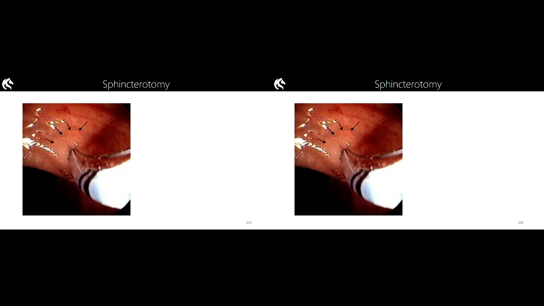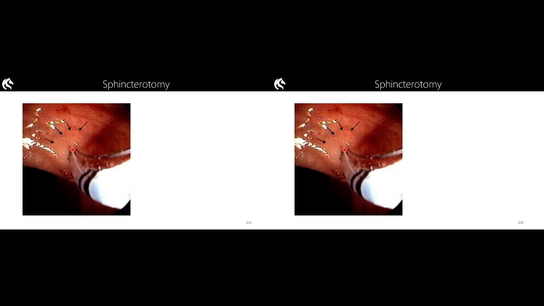In a sphincterotomy examination, this is from the perspective of the endoscope, so we're looking out the side of the scope. This is the catheter, which is coming out of the end of the endoscope. This is the metal wire that you can see. The gastroenterologist is going to advance that catheter until the middle of that bowstring, the middle of that wire, is sitting over the middle of the sphincter.